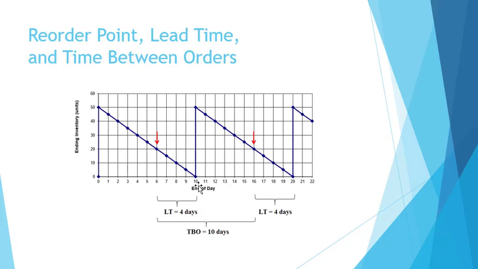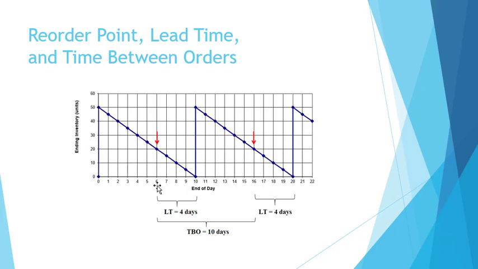In order to receive a new shipment at the end of day 10 or at the beginning of day 11, we need to place an order 4 days earlier. So 1 day, 2 days, 3 days, 4 days. So at the end of day 6, a new order must be placed.